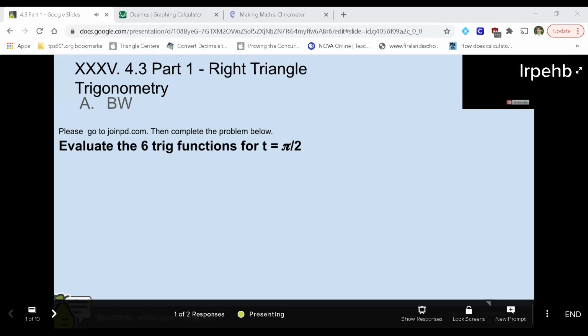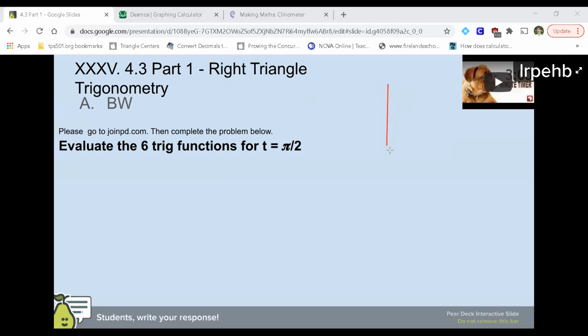All right, so let's go over this. You should have hopefully found, using the unit circle, that your angle, pi over 2, is right here, and the coordinates of that point are 0, 1.